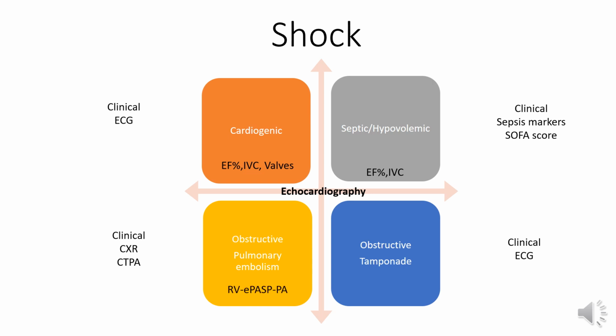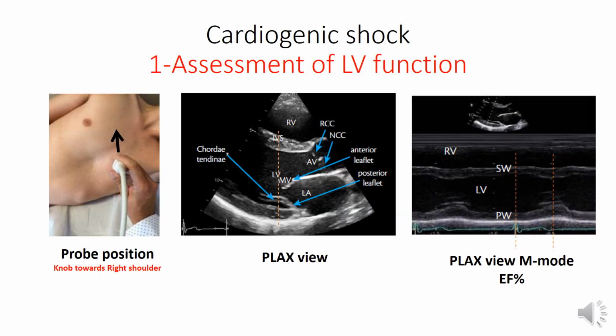If we get the signs that we discussed before of RV suffering, we go for obstructive cause like pulmonary embolus, and if we get effusion compressing the right ventricle at diastole, we go for effusion as a cause. First scenario is cardiogenic shock.